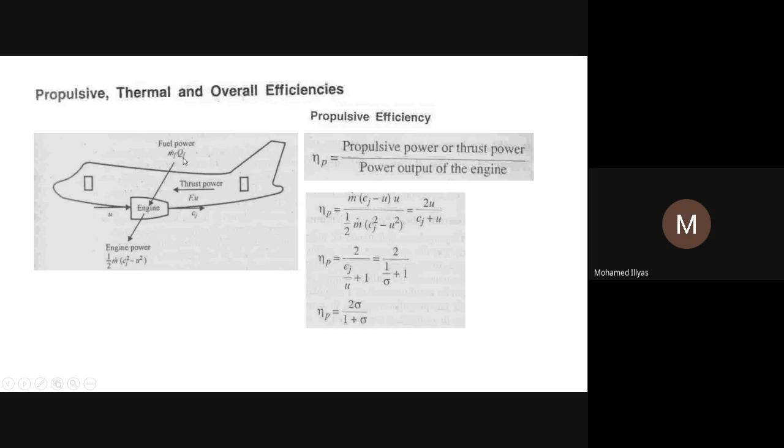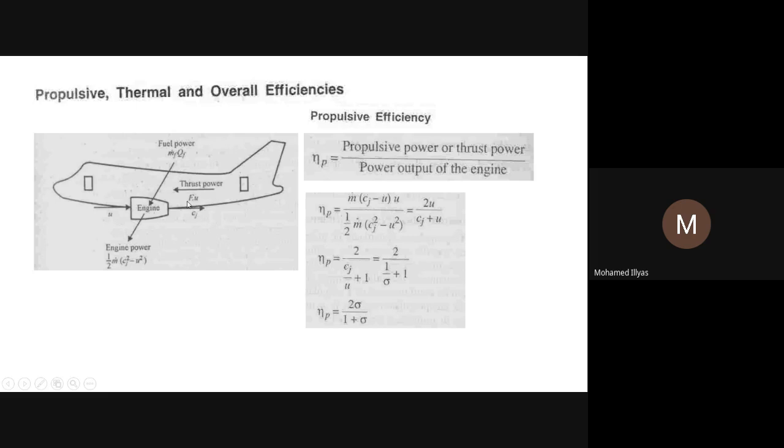The calorific value of the fuel, QF, multiplied by the mass flow rate. That is the total heat energy given. And this is going to produce some kinetic energy of half m v square. This is our engine power, the power output of the engine, corresponding to the fuel power given.